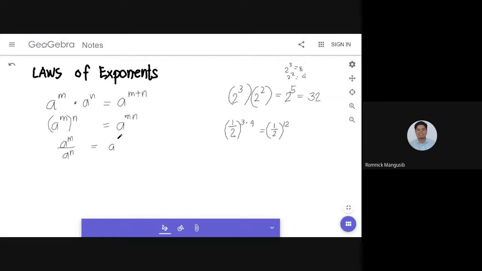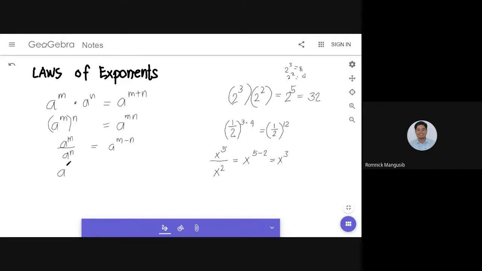Then you're going to subtract the exponents. That is why, if you're going to simplify x raised to 5 divided by x raised to 2, then that must be x raised to 5 minus 2, which is x cubed.